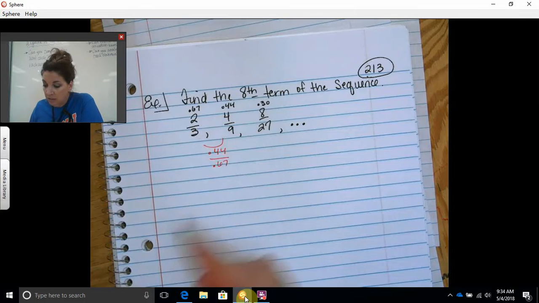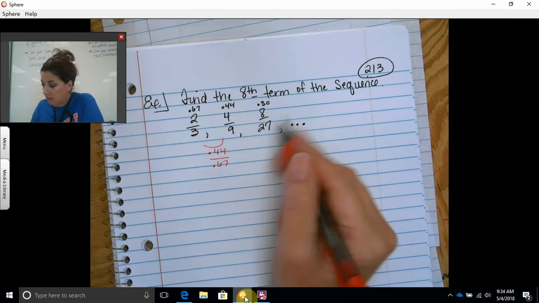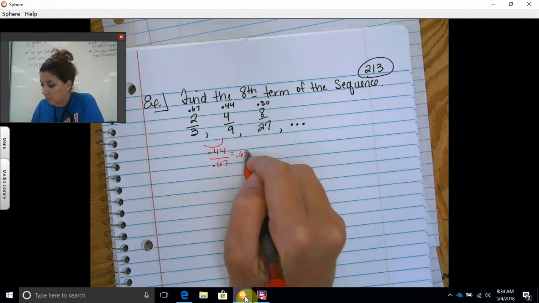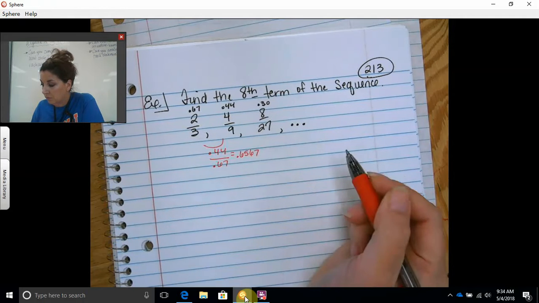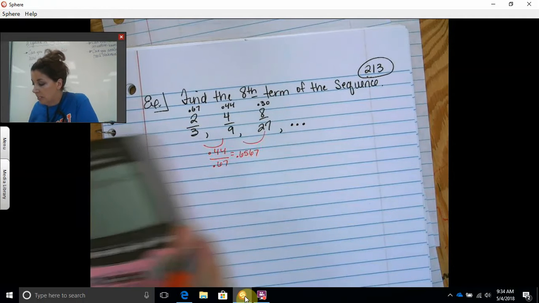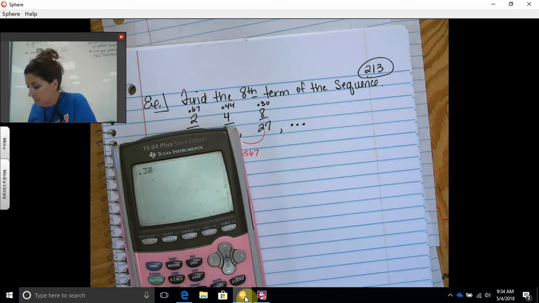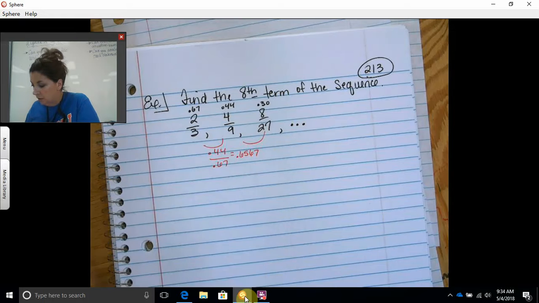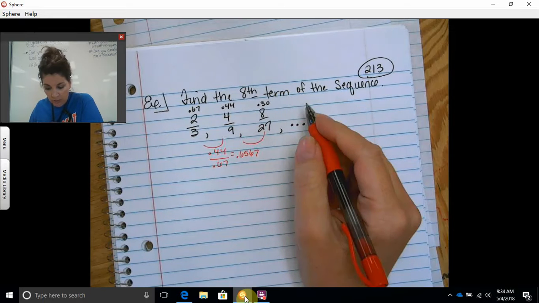And we get, let's go with 0.6567. And then for the next set, we do 0.30 divided by 0.44. And we get 0.6818.